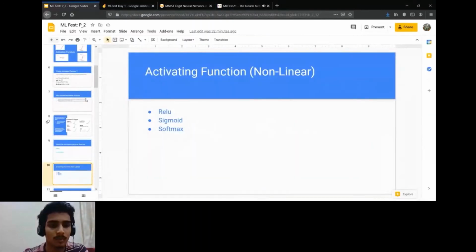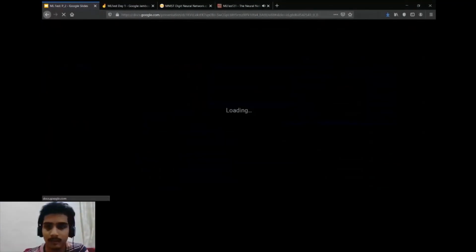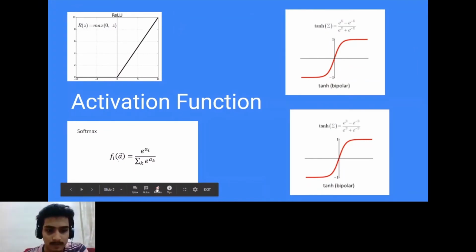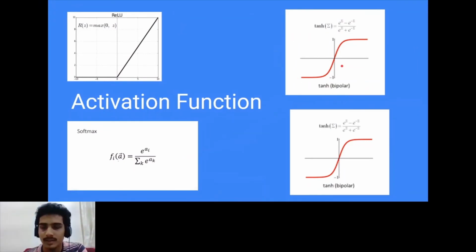To know more about linear functions, we'll take an example from this slide. We saw a lot of functions here. We'll consider an example of tan h. This is a non-linear function, right? You can see how it gets bent over the value x equal to 0, and then the output changes from -1 to 1.